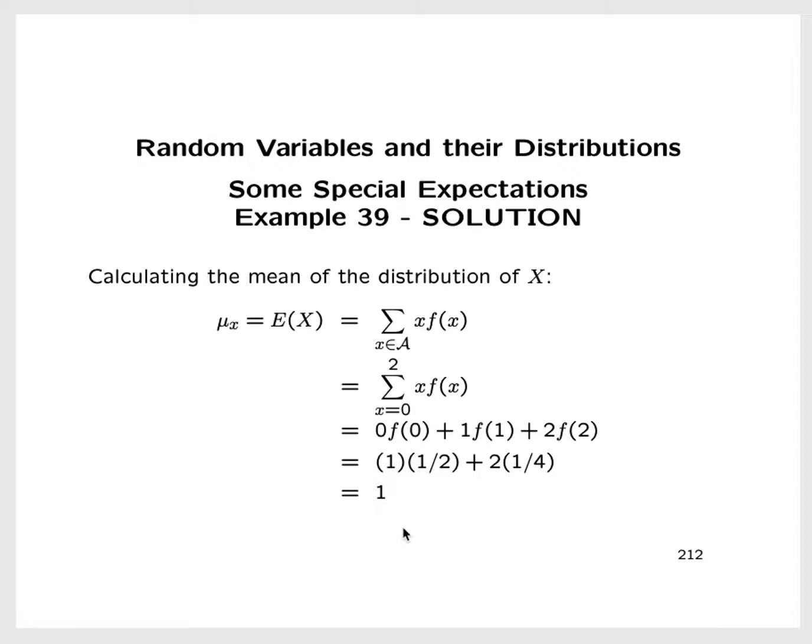Now remember that the interpretation of the mean of a distribution is that the mean is the center of mass of that distribution. It's the balance point of that distribution. Now, the fact that the mean is equal to 1 in this case should be no surprise, because if you think back to what the graph of that PMF looked like, it was a symmetric distribution with the rectangles centered over 0, 1, and 2, and the modal bar, the highest rectangle, was at 1, and so the distribution was symmetric about 1, and that would have been its balance point.